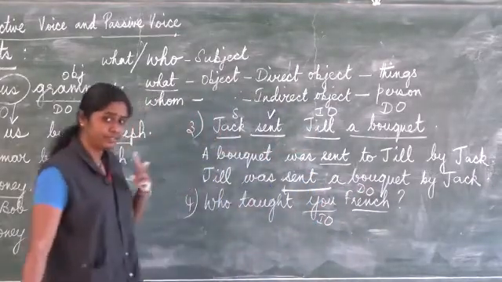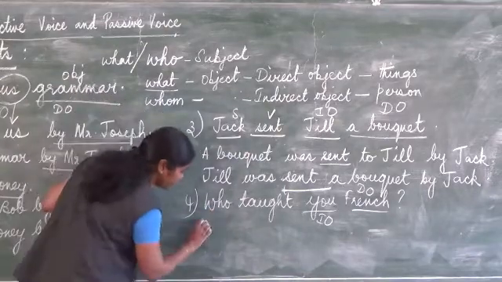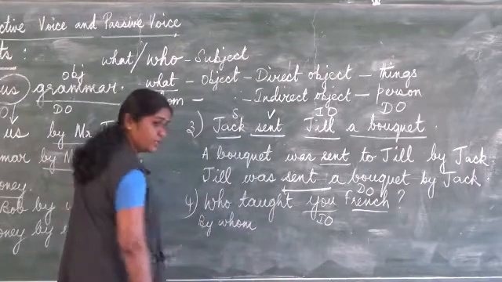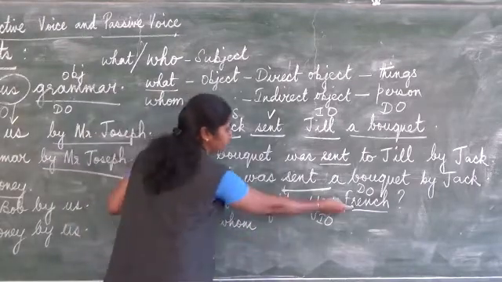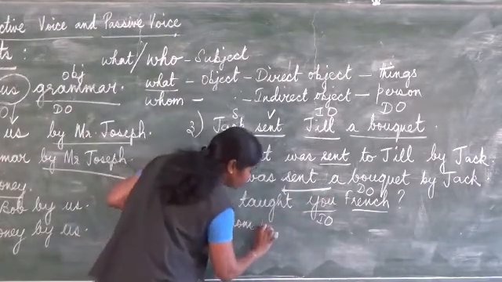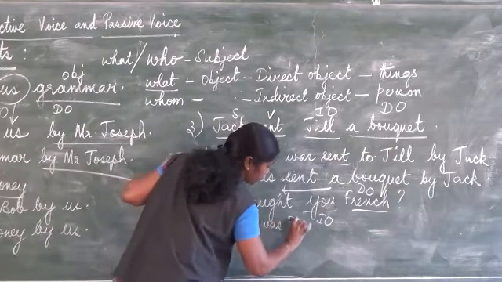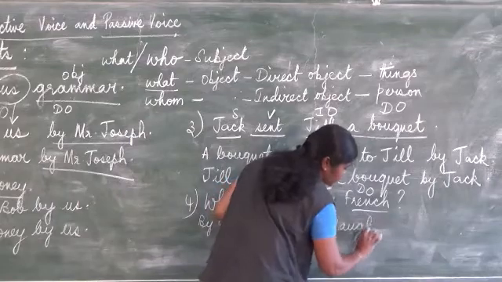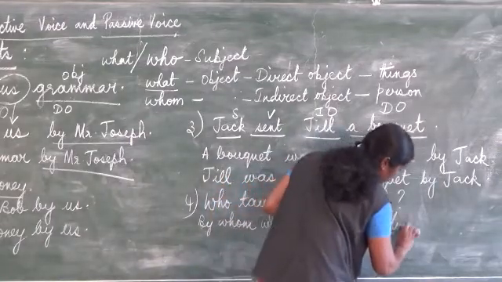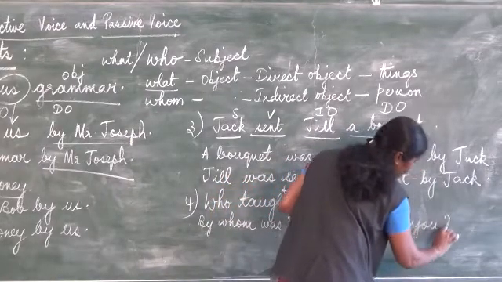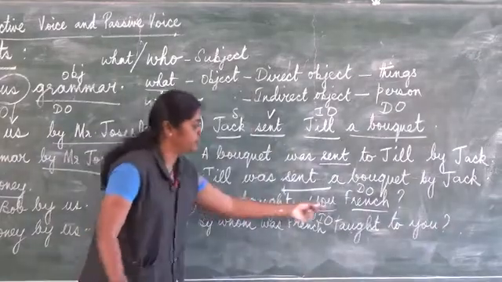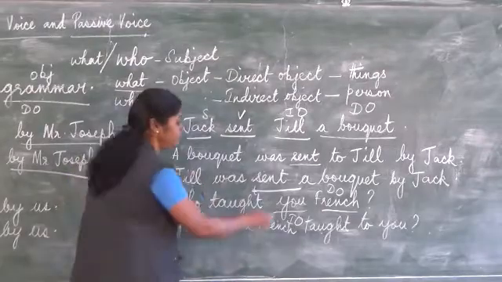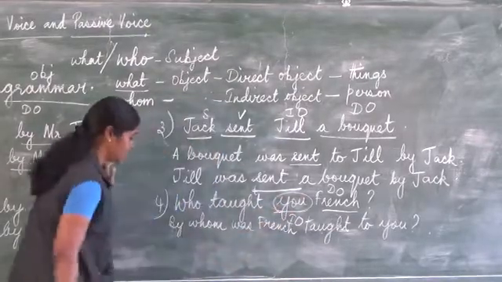So again you can write two answers. This who will become by whom. Now bring the direct object. By whom was French taught to you. Using the first object we have brought it to the front and written one answer. Now using this object you have to write the second answer.